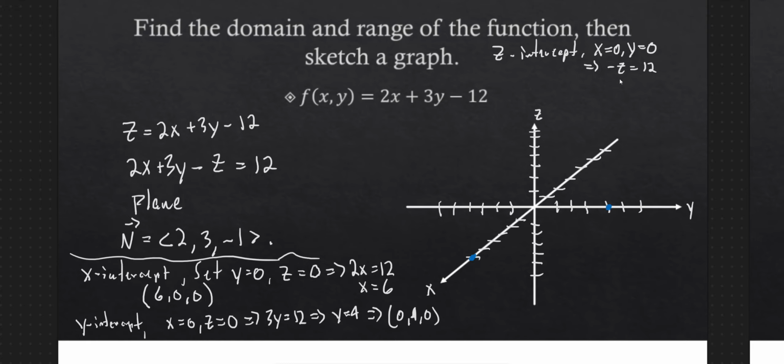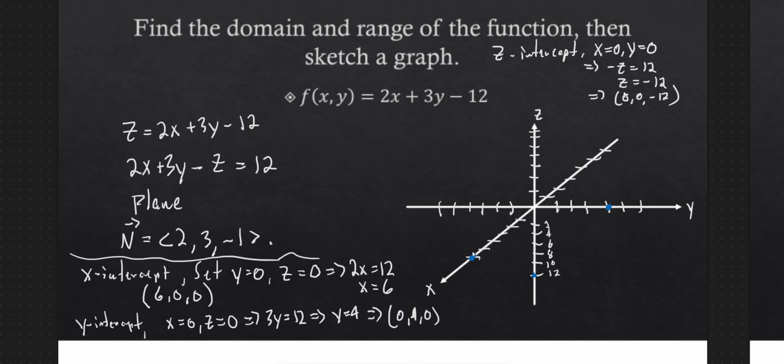Right, so that gives me z equal to negative 12. So my z-intercept is 0, 0, minus 12. And so that's, oh boy, maybe I should go by 2's here. I'm just going to do that. 4, 6, 8, 10, 12. And there will be my z-intercept.